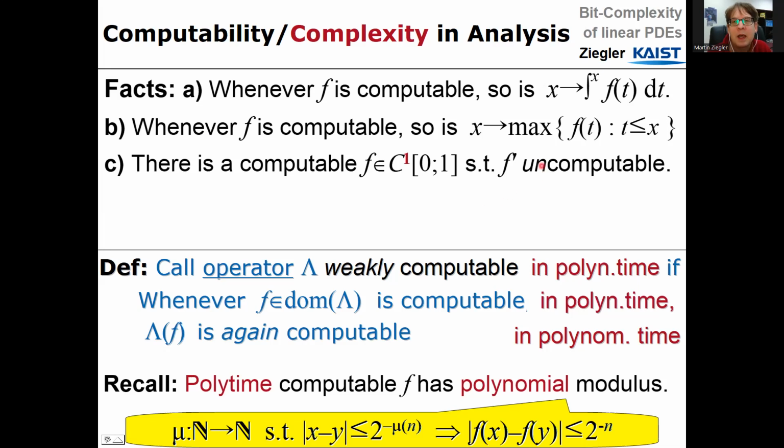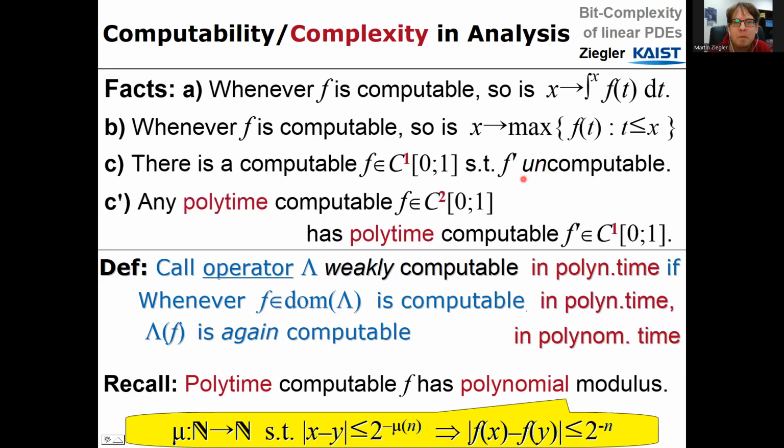And this is to keep in mind. On the other hand, when the function is polynomial time computable and 2 times continuously differentiable, then its first derivative, which is still C1, is again computable. And similarly for polynomial time computability, it is preserved when the input function has this sufficiently high degree of regularity.